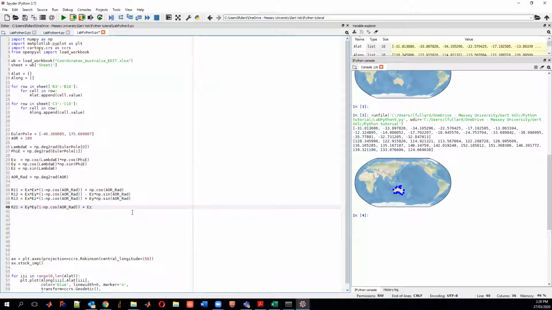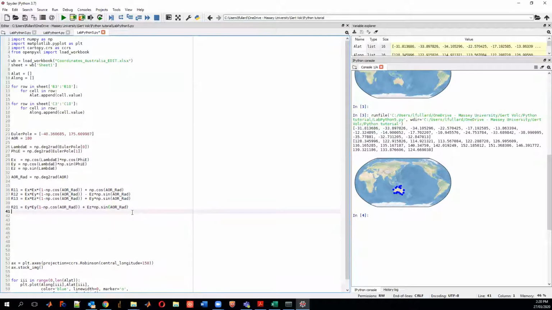EZ times numpy.sin(AOR rad). R22 equals, I hope I'm not making a mistake here. It's very easy to make a mistake on this step, so please take your time. I'm trying to rush because I'm recording this.